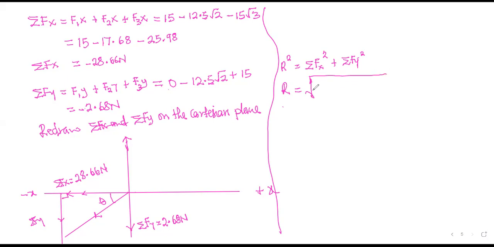Yes, sir. Okay. So summation f of x is 28.66 squared plus summation f of y is 2.68 squared. Put them together and then give me a final value for R.